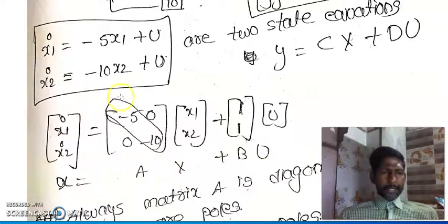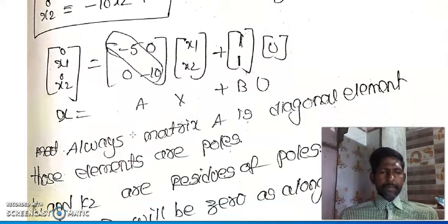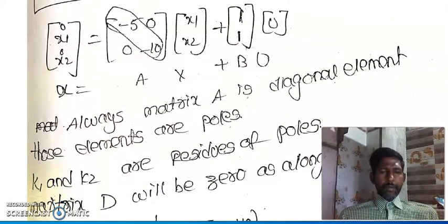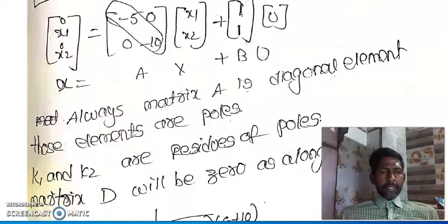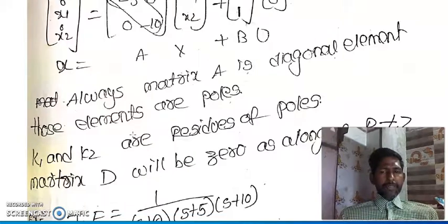One thing, the matrix A is always diagonal matrix whose elements are poles, location of the poles. K1, K2 are residues of poles. Matrix D will be 0 as long as number of poles is not equal to number of zeros. These 3 points are very important.